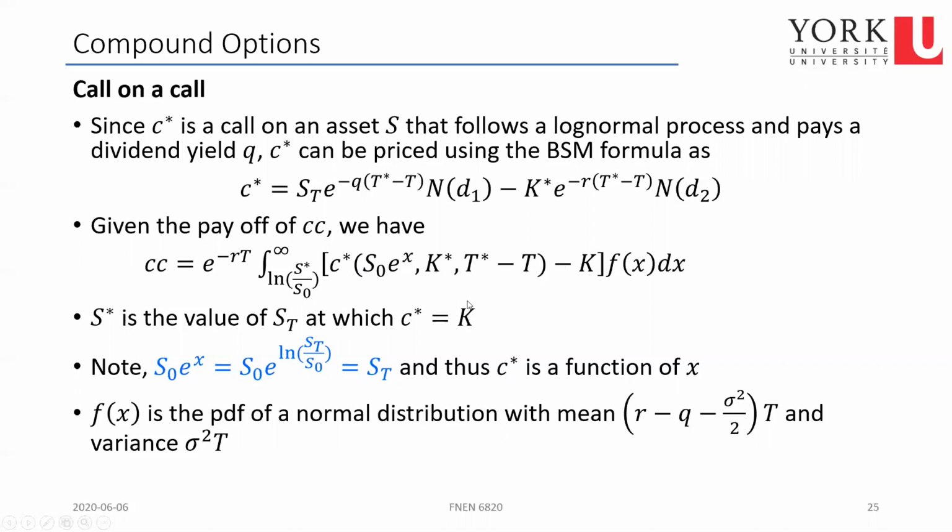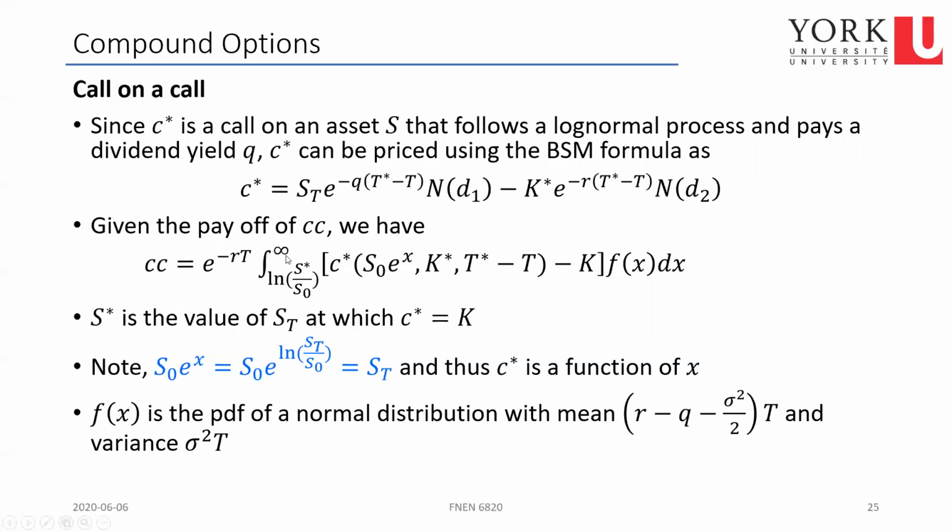Okay, so here is the expected payoff, and we're doing a discount here, and the payoff function is C star minus K. And here, this fx is the probability density function of a normal distribution.